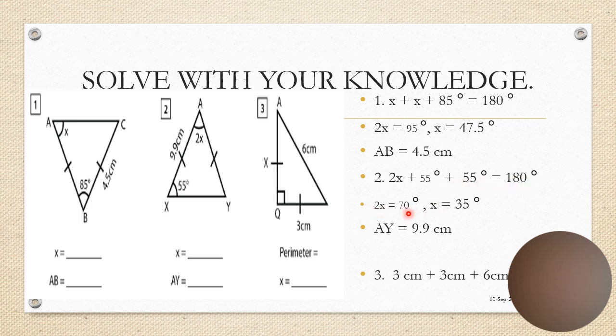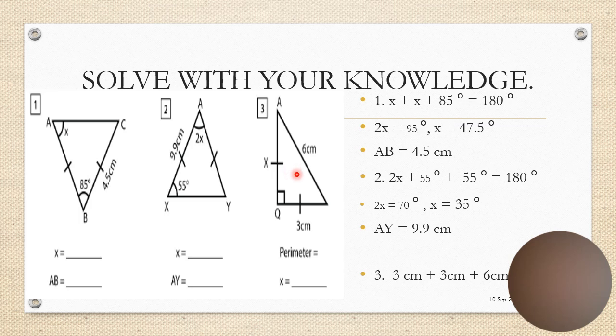And 2x will be 70, meaning that your x will be 35. Isosceles triangle. And then if that side is equal to 9.9 centimeters, which other side is equal to it? That one, meaning 9.9 centimeters. So it's important to know and understand those properties. When you look at the triangle, remember the size of the side and the size of the angle.